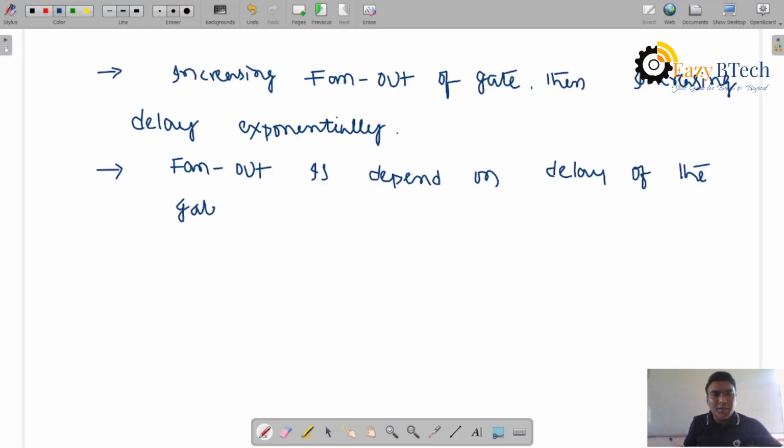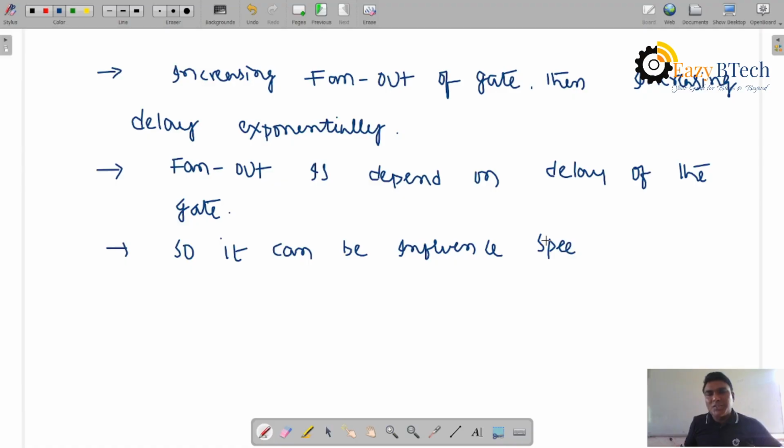So it is nothing but speed. So it can influence the performance, the speed of a transistor, speed of a gate.